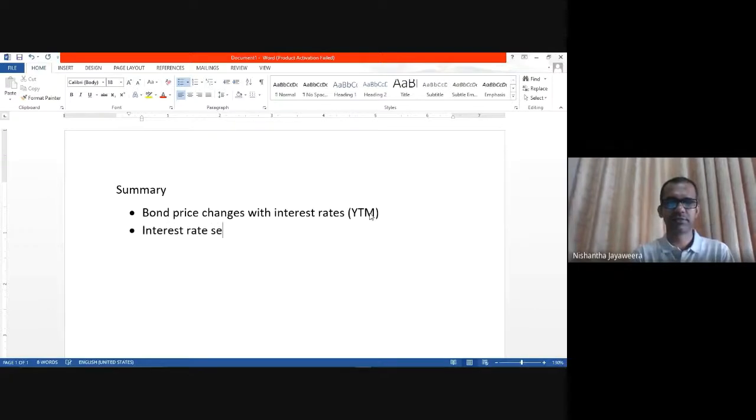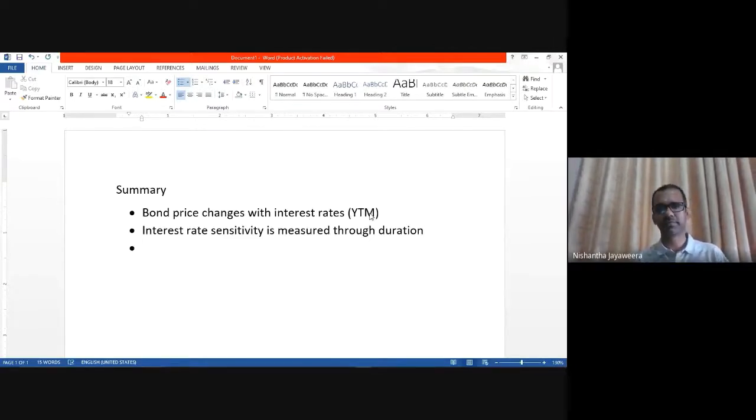Interest rate sensitivity is measured through duration. It can be Macaulay duration or the modified duration. So for a given interest rate change, what would be the change in price? That is measured through the duration.